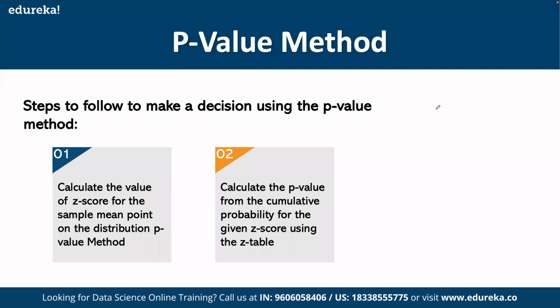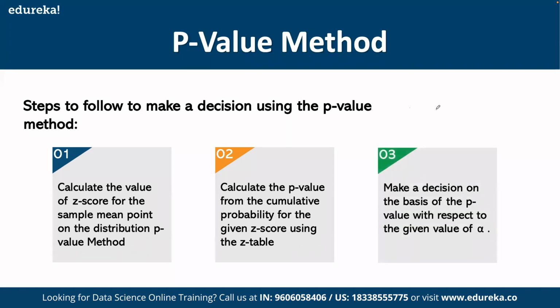This is followed by making a decision on the basis of the p-value with respect to the given value of alpha. So these are the steps we generally follow to make a decision using the p-value method. So you're now familiar with two methods: the p-value method and the critical value method.